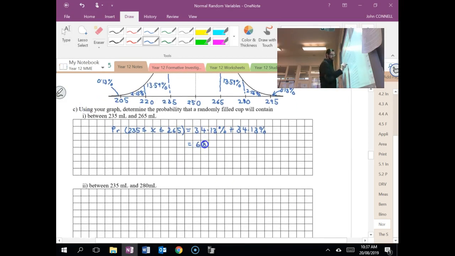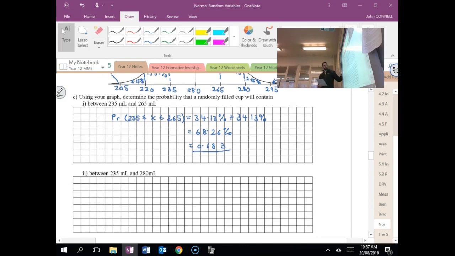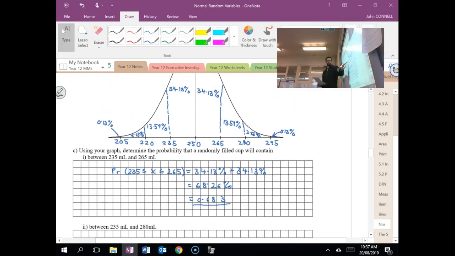It gives me 68.26%, or expressed as a decimal, that's 0.683. So there's a 0.683 probability that a cup will contain between those two values.